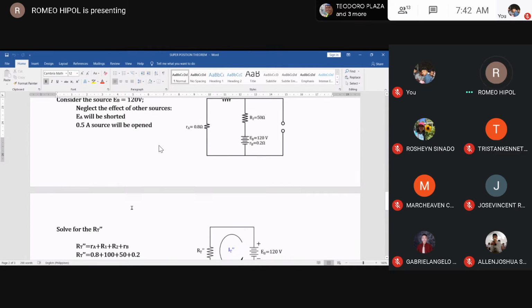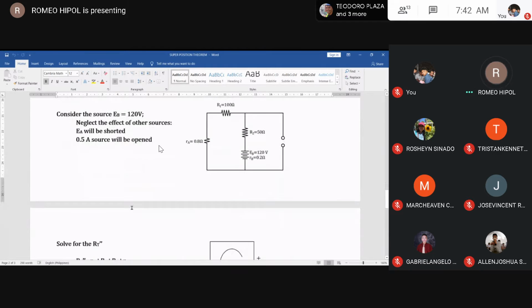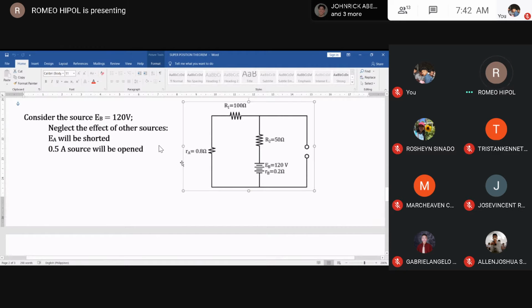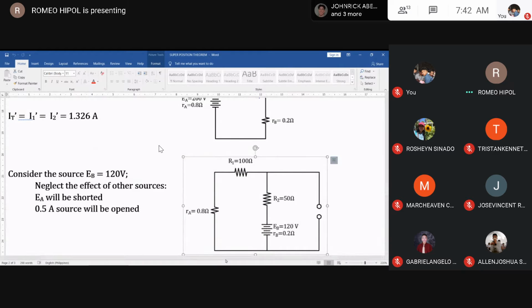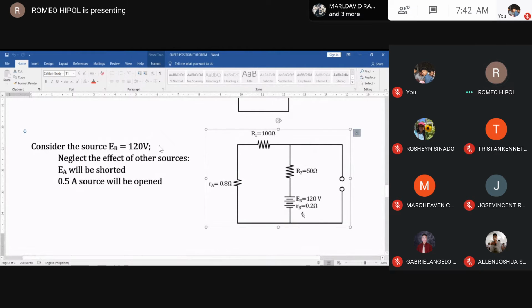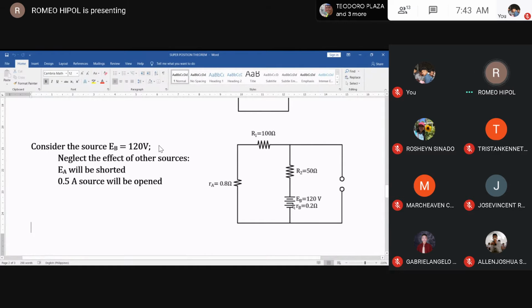Okay, so considering the second source, yung 120 volts, ito. Nakikita ba? Okay. Nakikita? So, we have the second source. So, in this case, again, we have to short or neglect the effect of other sources.